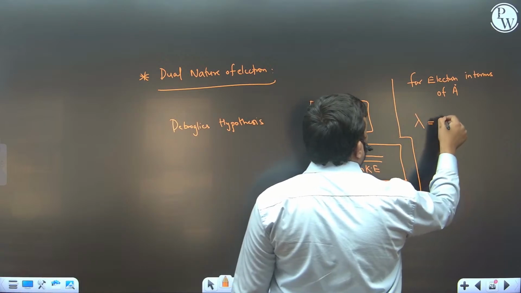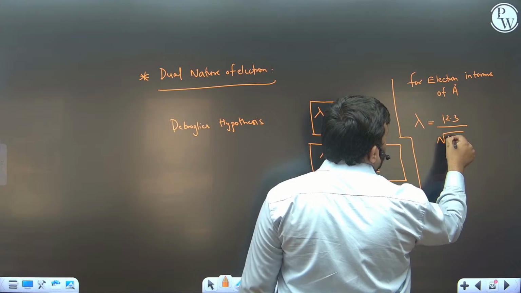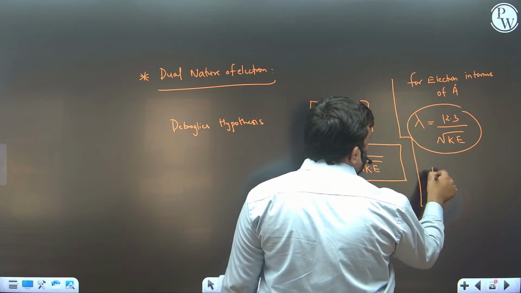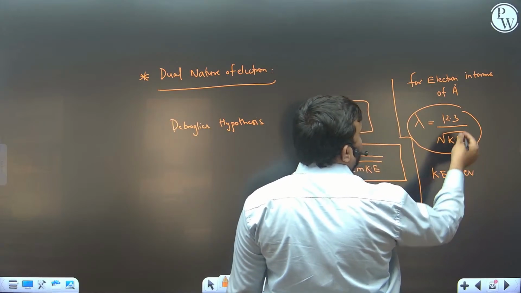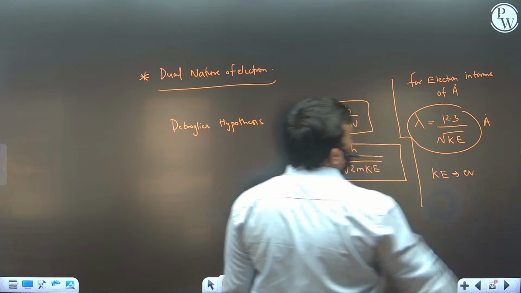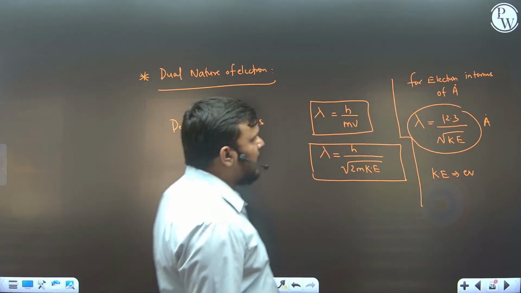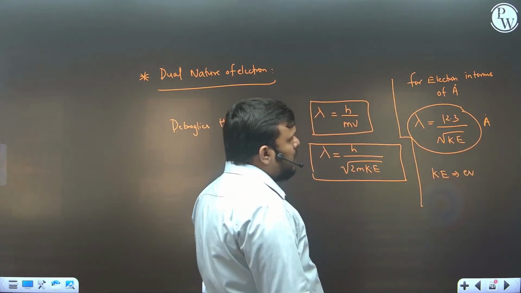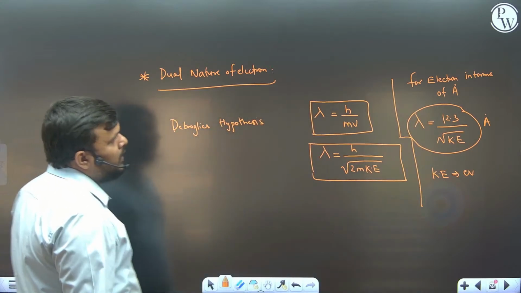Lambda is equal to 12.3 upon under root kinetic energy, where the kinetic energy is in electron volt, and the wavelength we get is in angstrom. This is a very important formula. Many questions are asked regarding this formula. Remember, this is only for electron.